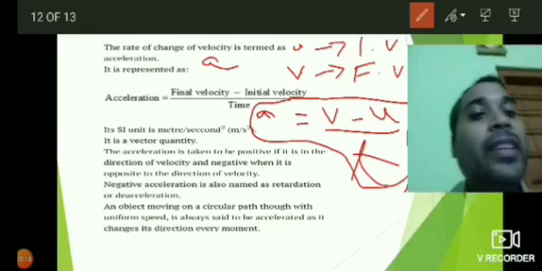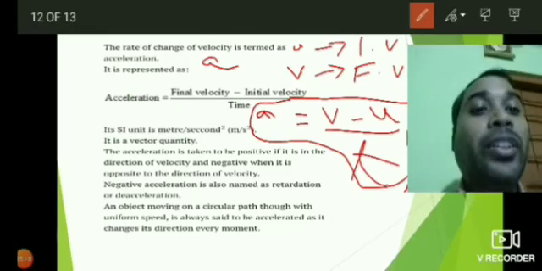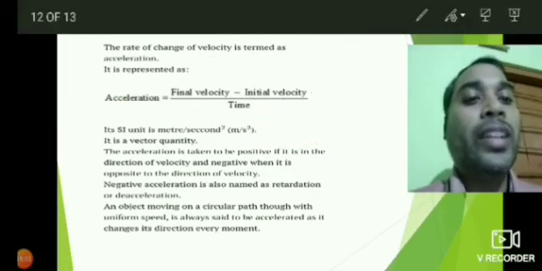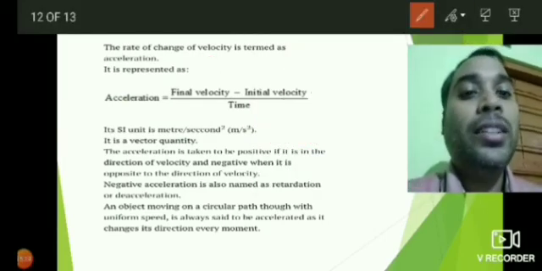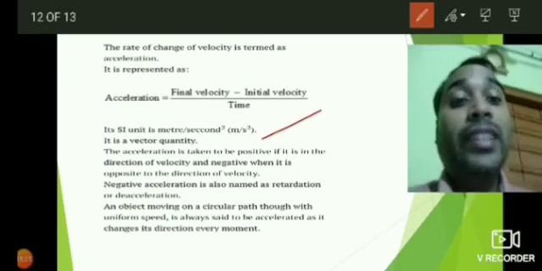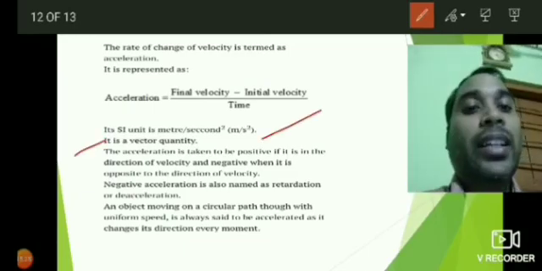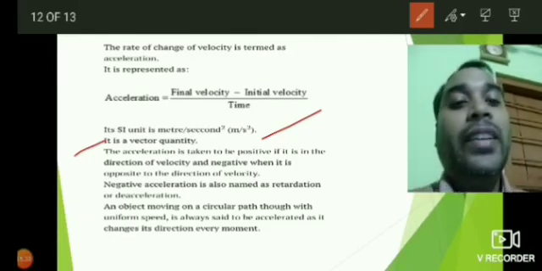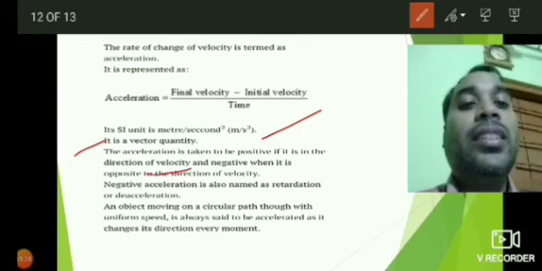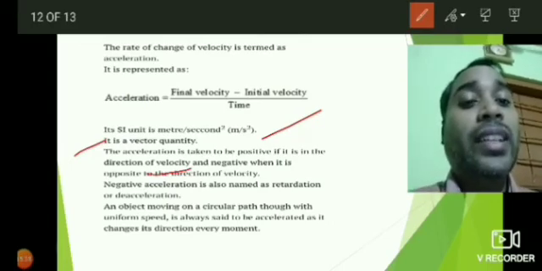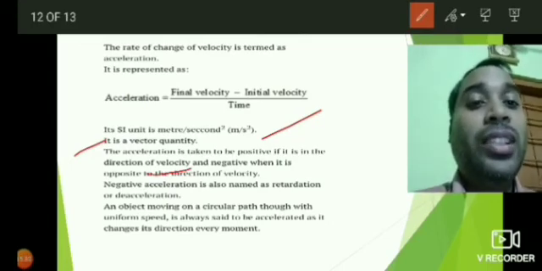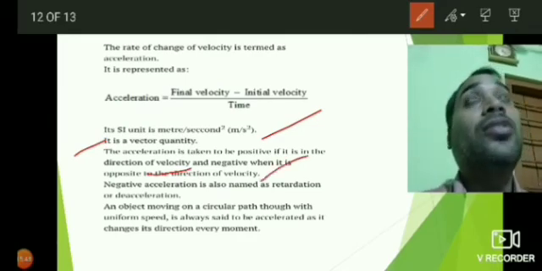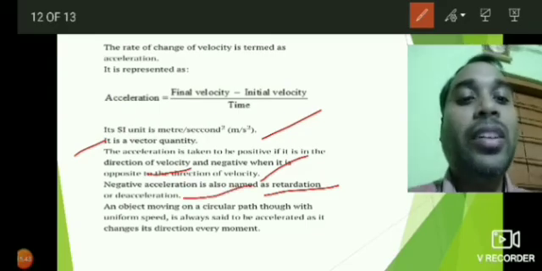Okay, so the SI unit will be, as it is velocity upon time, meter per second square. And it is also a vector quantity. The acceleration is taken to be positive if it is in the direction of velocity. If it is along the direction of motion, it is considered positive, and if the acceleration is in the opposite direction of velocity, then it is considered negative acceleration, also known as retardation or deceleration.